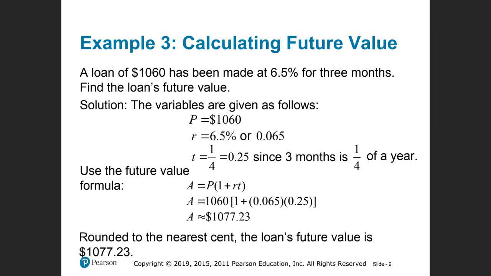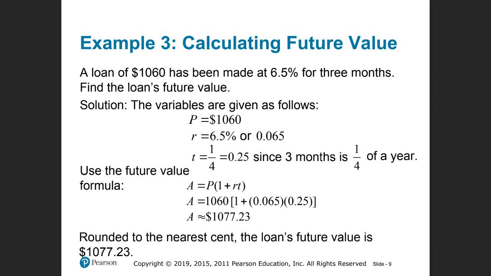So we're going to put these values into our formula. Remember that if you have parentheses or brackets, you perform those operations first. So we are going to take the 0.065 times 0.25, that's R times T. We're going to add that product to 1, and that is what we're going to then multiply by the part outside the brackets, which is 1,060.